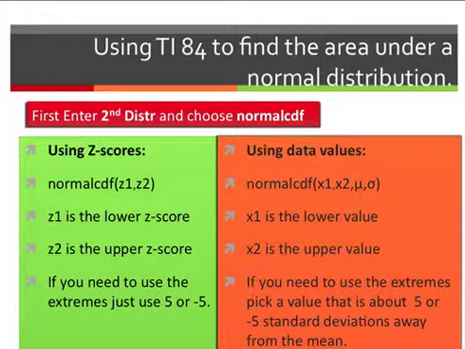So we're looking at the green there. And what you want to do is enter your first z-score on the left, and then your second z-score on the right. So z sub 1 is the smaller or lower z-score, and z2 is your upper z-score. Now if you need to use the extremes like the tails, when we say to the left or to the right, go ahead and just use 5 or negative 5 depending on whether you need the higher or the lower.